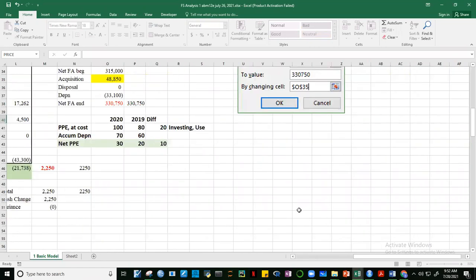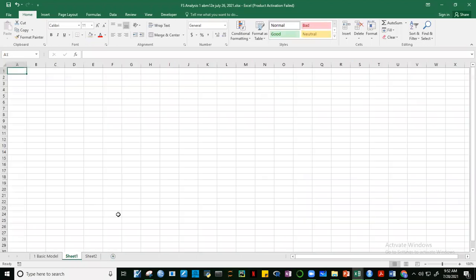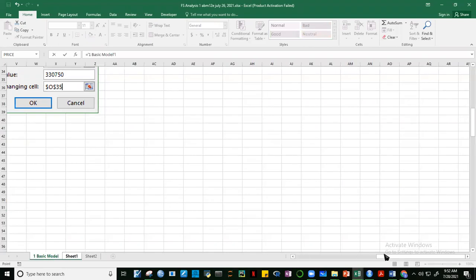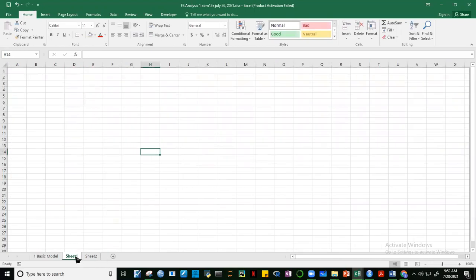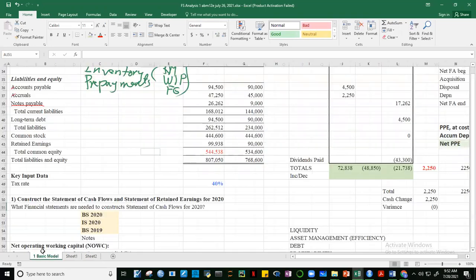And what's worse, guys, kunyari, andito tayo sa another worksheet, and kailangan ko yung 40% na yon. So, pupunta pa ako dun sa worksheet na to. Hahanapin ko dito.